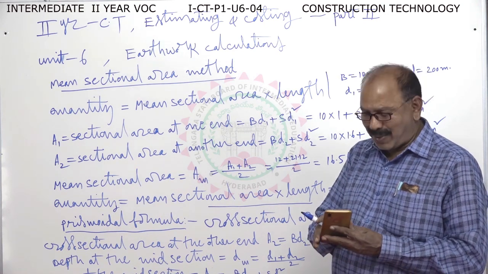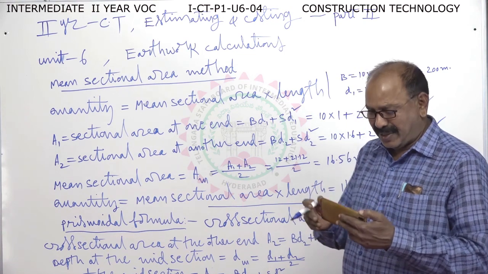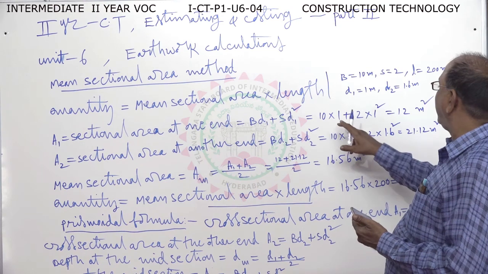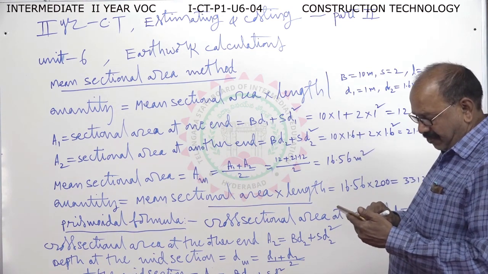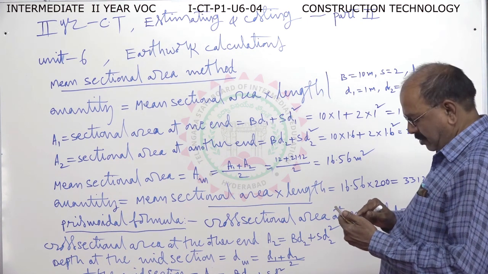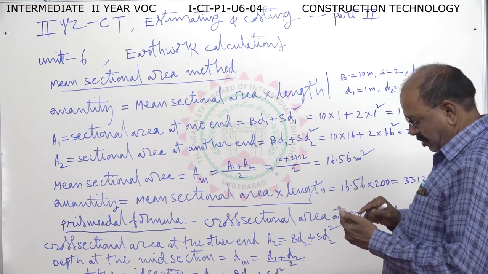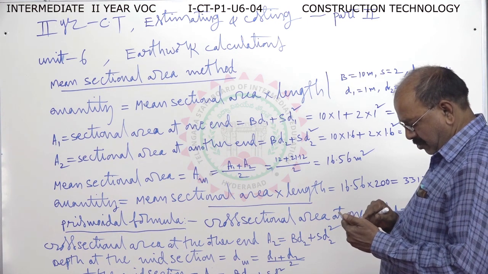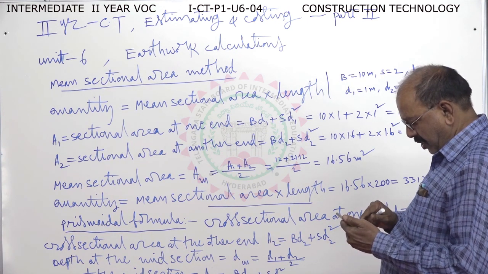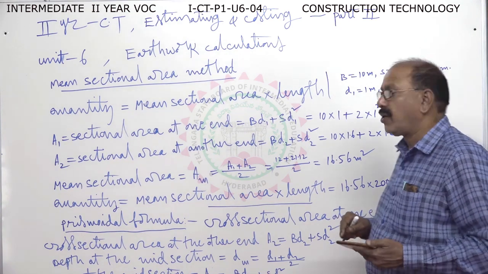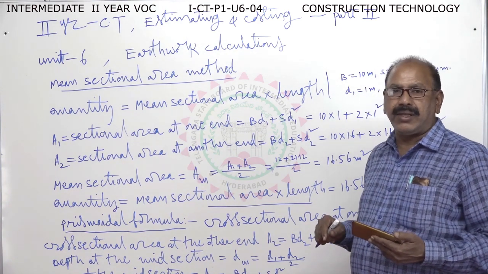Please cooperate. So, 10 into 1, that is 10, plus 2 into 1 square, 12. That is equal to 12. That calculation is over.